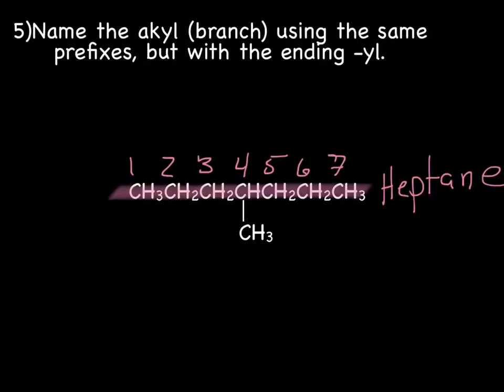All right, the next thing we need to do is name the alkyl, or the branch, using the same prefixes, but this time instead of having an ane ending, we'll have an -yl ending because it's an alkyl. Okay, so we have CH3, which has 1 carbon. So what is the prefix for 1 carbon?